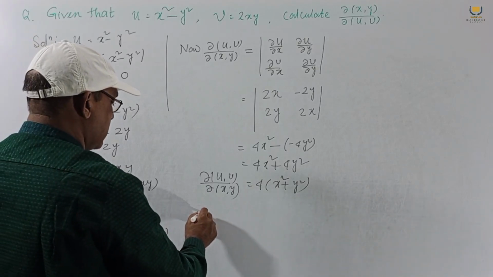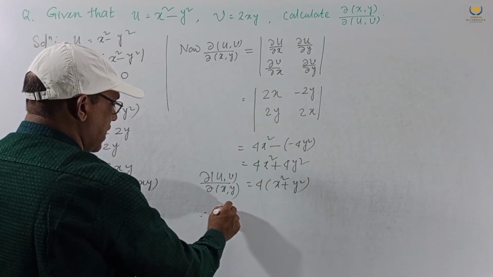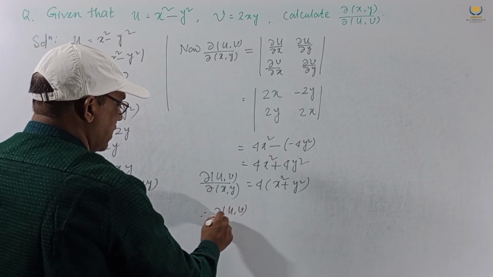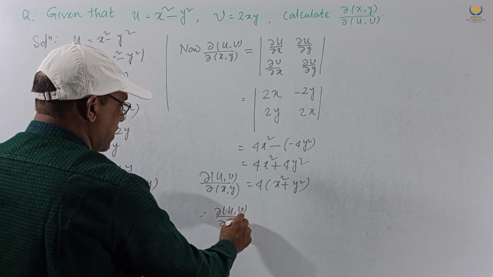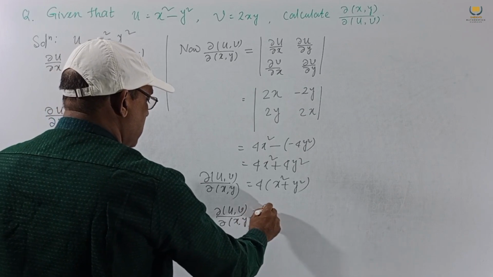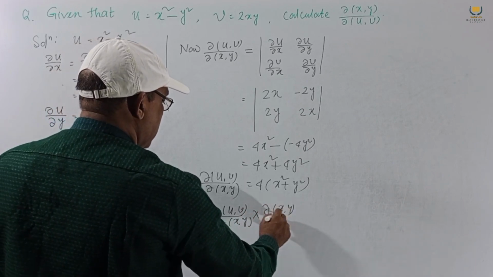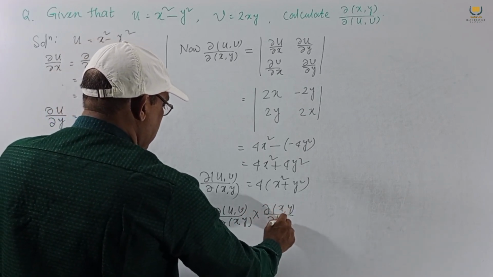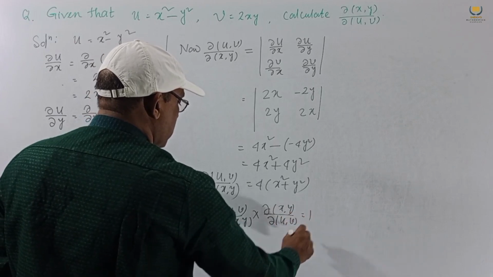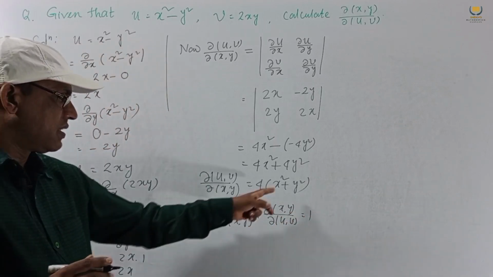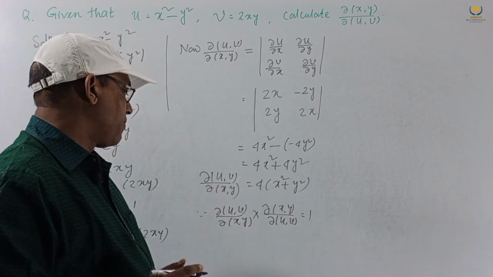Since we know ∂(u,v)/∂(x,y) into ∂(x,y)/∂(u,v) equals 1, we can write, this and this cancel, we get 1.